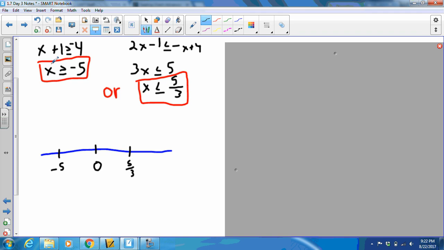So the first inequality is saying that x is greater than or equal to negative 5. Because we have that equal bar, we are going to make a closed circle. This is basically saying we want any x value that is bigger than negative 5. If we're going bigger, we're going to go towards the right, so we're going to have an arrow that goes towards the right.